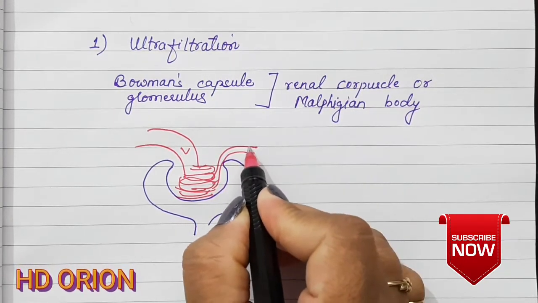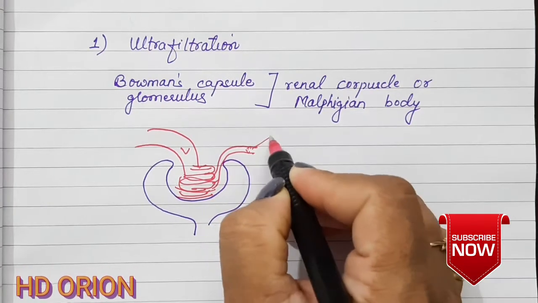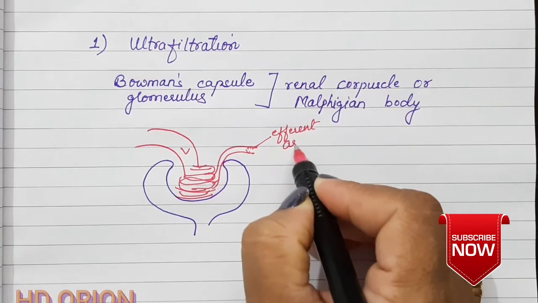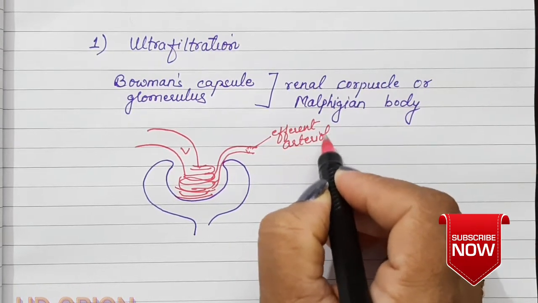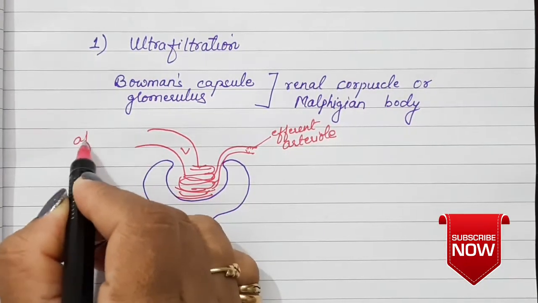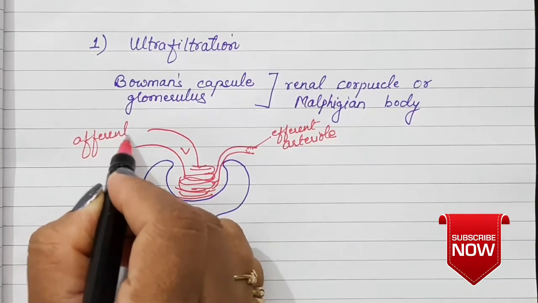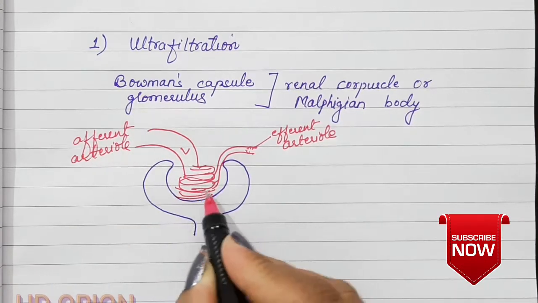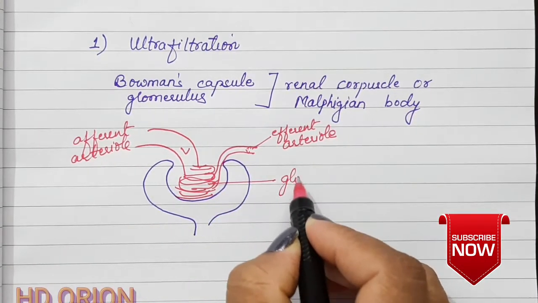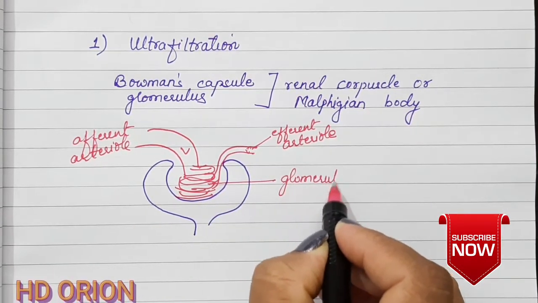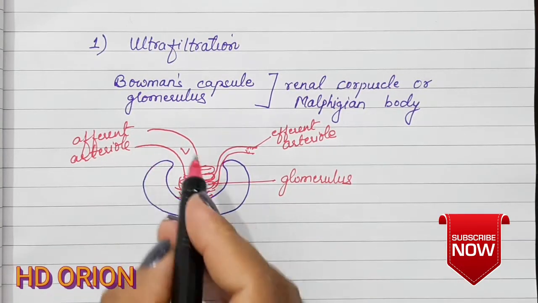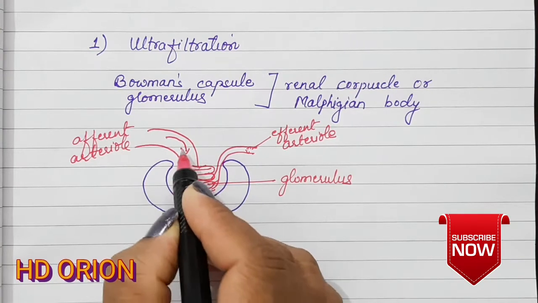See the lumen of the arteriole. This is the efferent arteriole, and this is the afferent arteriole. And the bunch of capillaries is known as the glomerulus. So the afferent arteriole comes from the renal artery, and this is the direction of the blood.